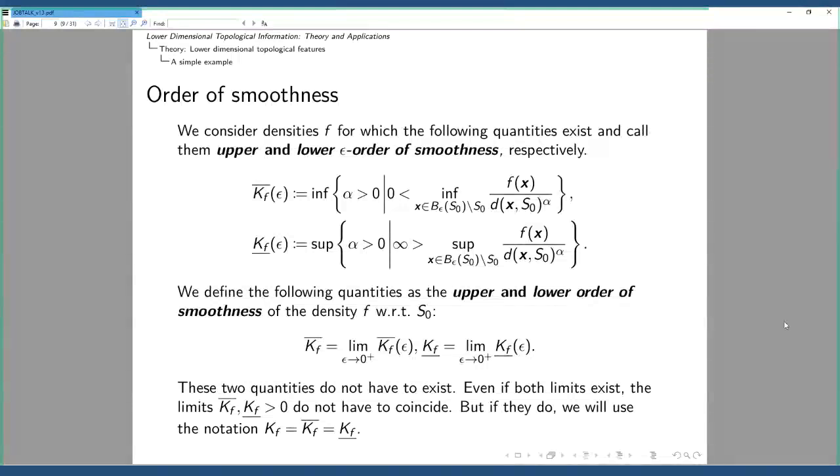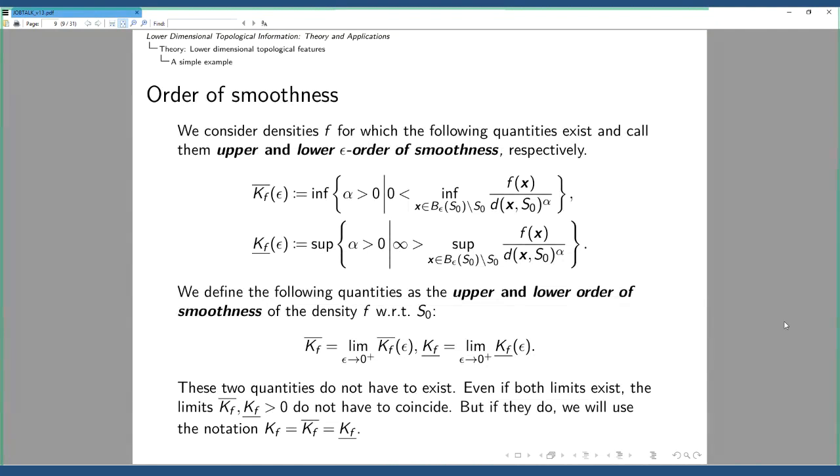By taking inf and sup, we define the upper and lower order of smoothness. Then we take the limit as the parameter epsilon, the neighborhood of the zero density region, shrinks to 0, and take these two limits to be the upper and lower order of smoothness with respect to this specific zero density region S0.